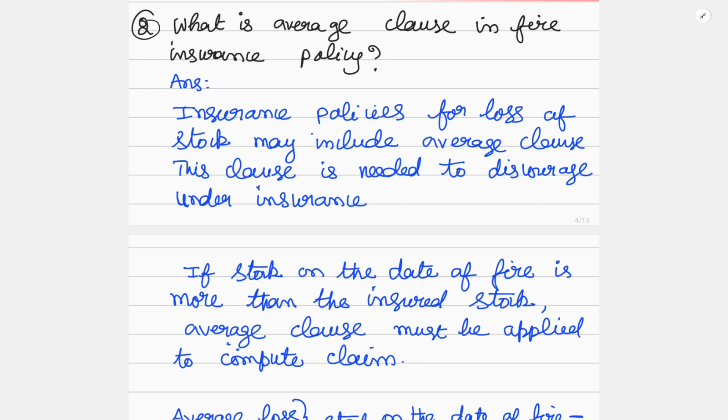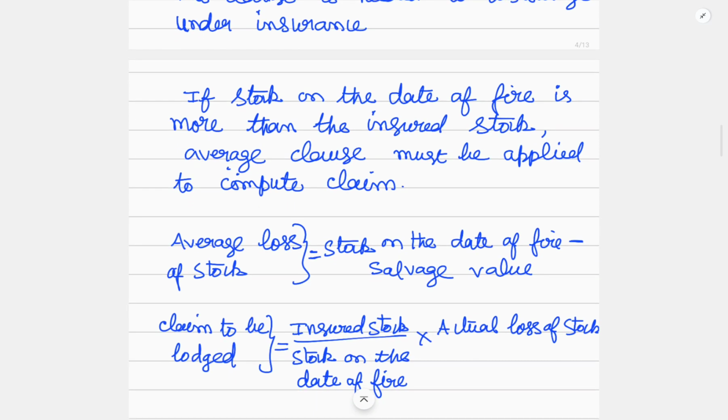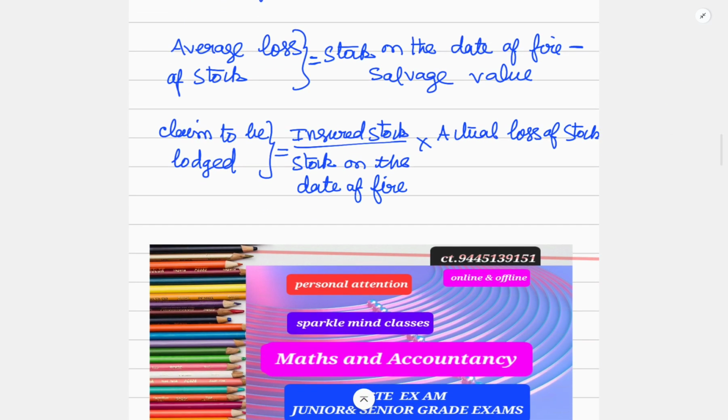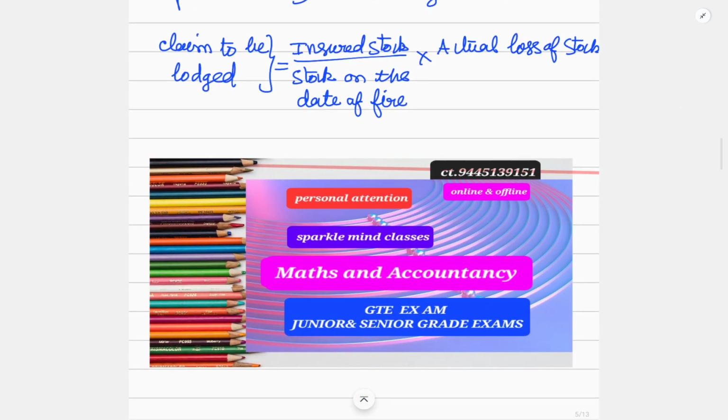If stock on the date of fire is more than the insured stock, average clause must be applied to compute claim. Average loss of stock is equal to stock on the date of fire minus salvage value. Claim to be lodged is insured stock divided by stock on the date of fire into actual loss of stock.